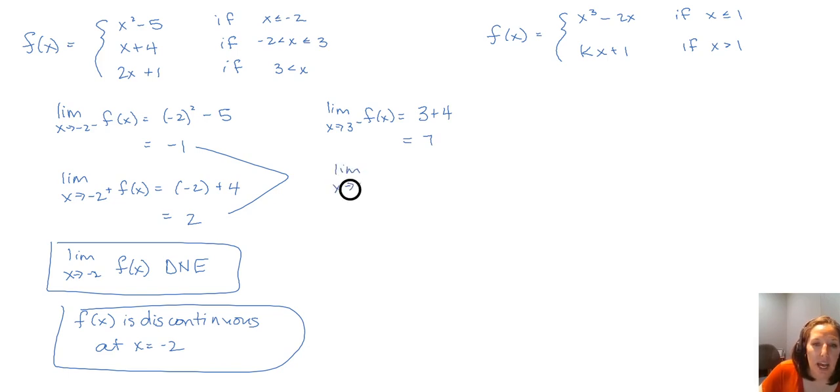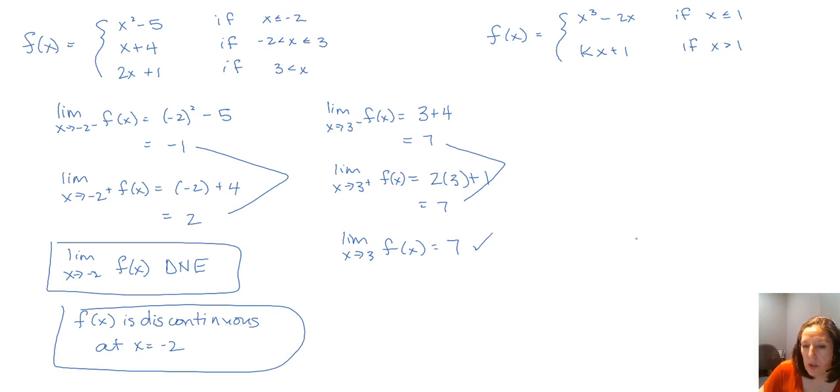And then the limit as x approaches 3 from the right, if we're to the right of 3, that means we're bigger than 3. That's going to put us in this bottom category, and so our function is 2x plus 1. So 2 times our x value of 3 plus 1 is equal to 7. Those are the same number. So we get that the limit as x approaches 3 in general for our function is equal to that common value of 7. So that satisfies the first criteria.